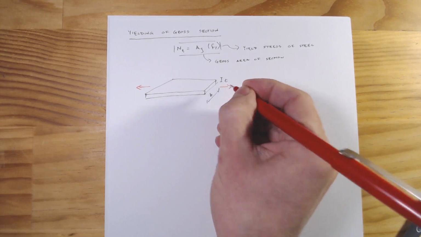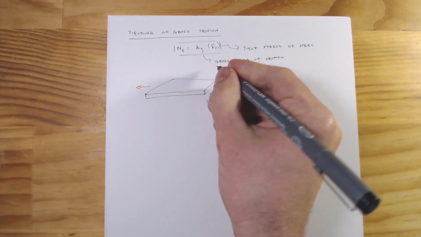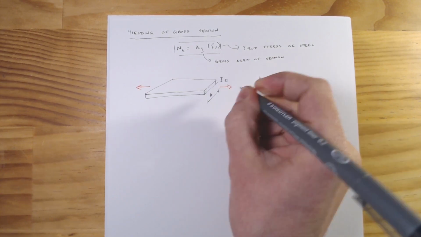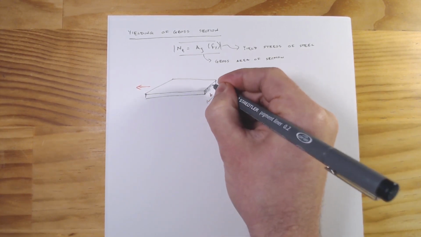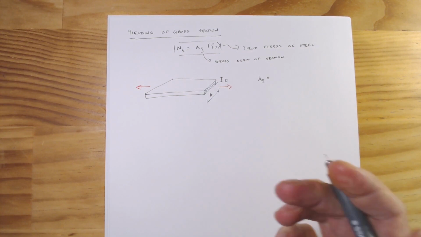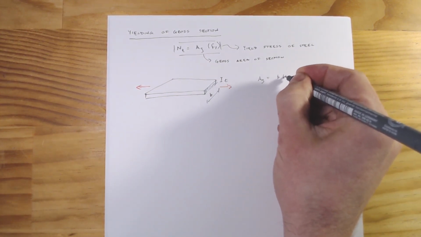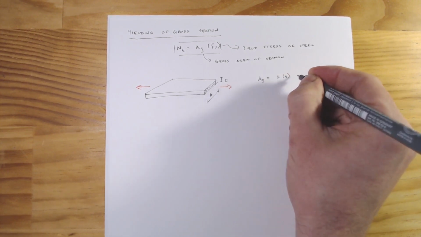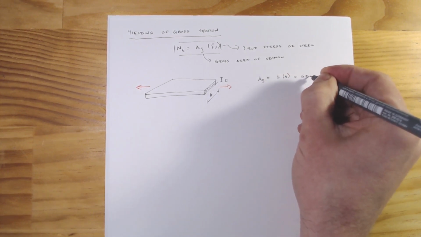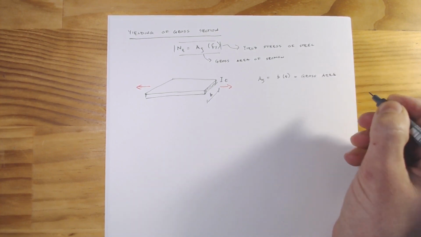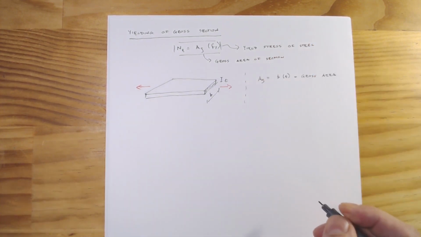It's pretty straightforward: the gross area is just the area of that section which is in tension. So it's just the width B times the thickness T equals the gross area.